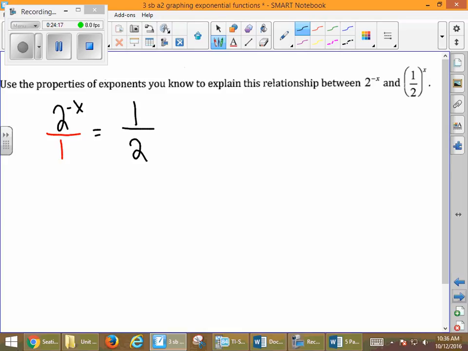And then we change the sign on the exponent. So typically what I oftentimes write is changing the sign on the exponent. But especially because our numerator is a 1, we can also write it as 1 over 2 to the x. We flip and change the sign on the exponent. And there's our properties of exponents used to show that 2 to the negative x equals 1/2 to the x power.